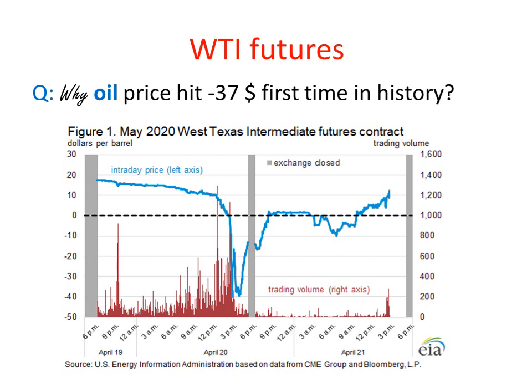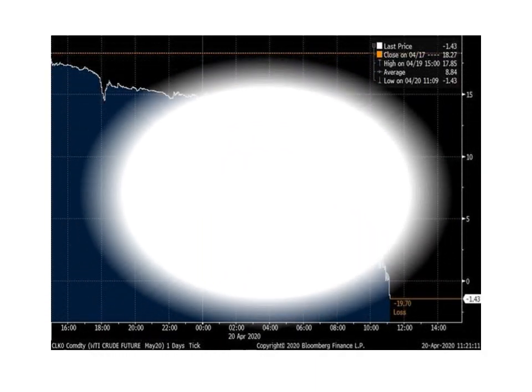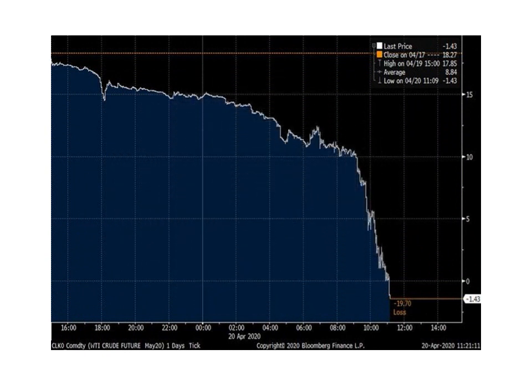Is there any difference between these prices? Here you can see the price of WTI from four o'clock to 12 o'clock.